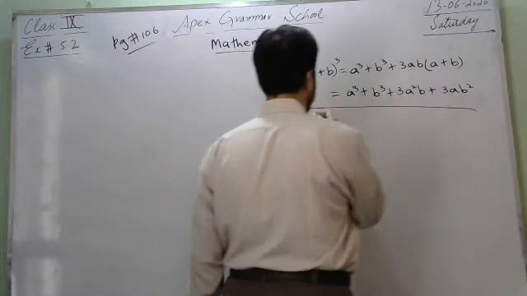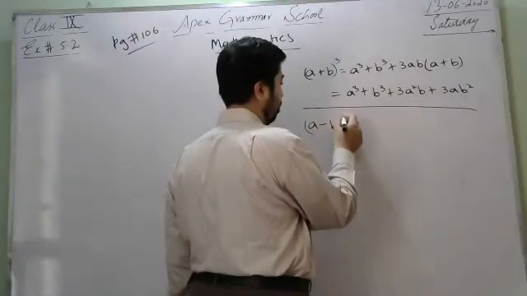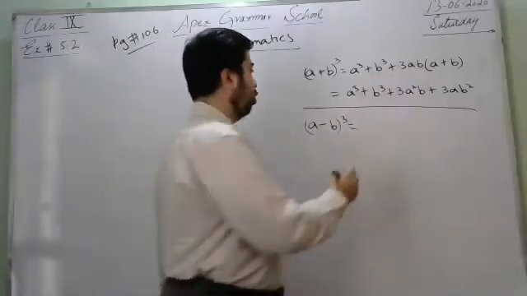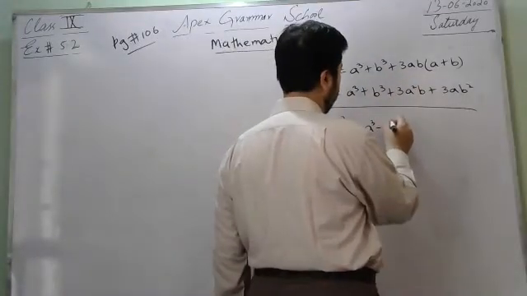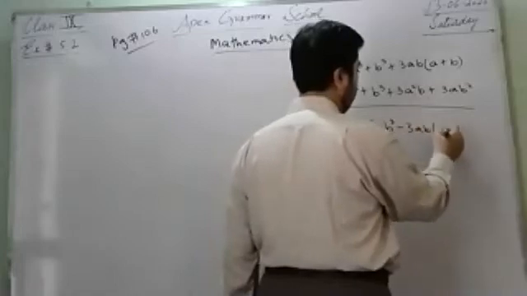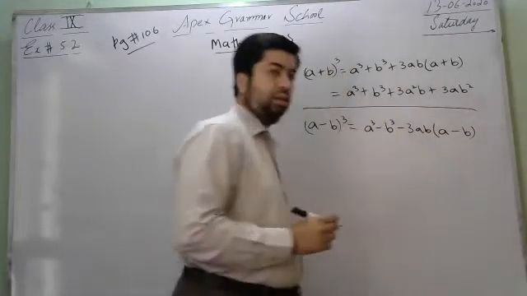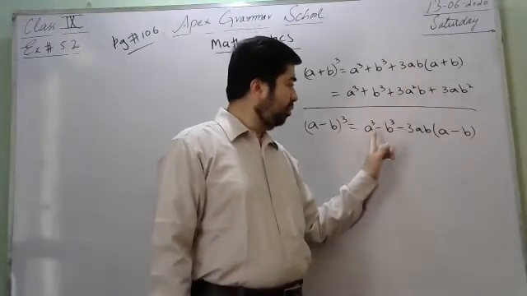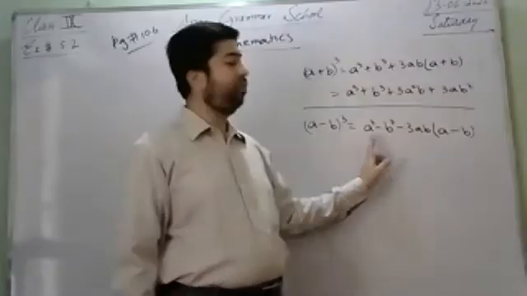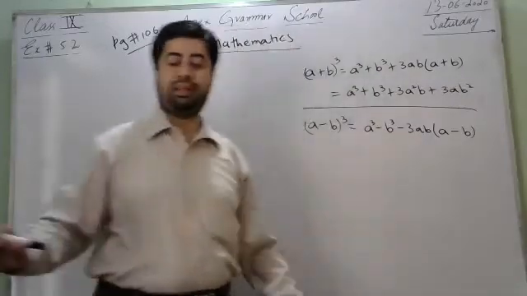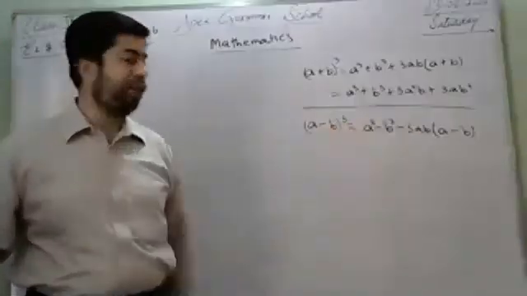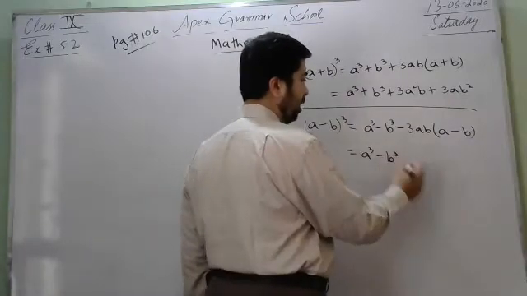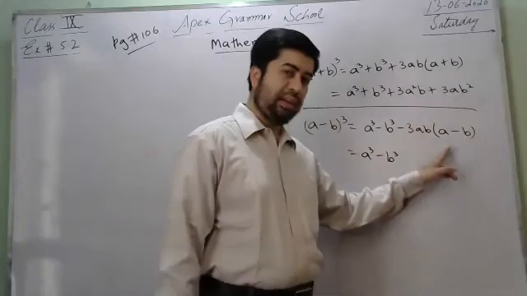Another formula is (a minus b) whole cube. This is just like this formula: a cube minus b cube minus 3ab into (a minus b). This contains all the values with positive sign, and this contains all the values except this a cube with negative sign. But this formula also has another shape, that is a cube minus b cube, and then minus 3ab multiplied inside.